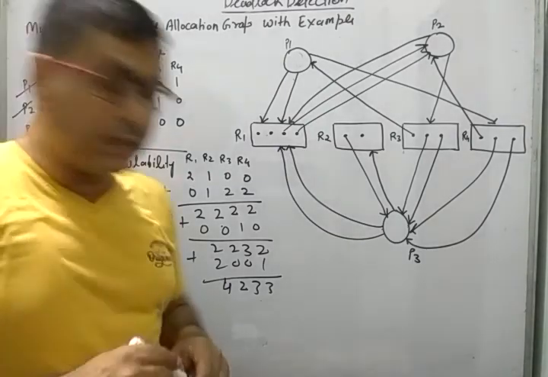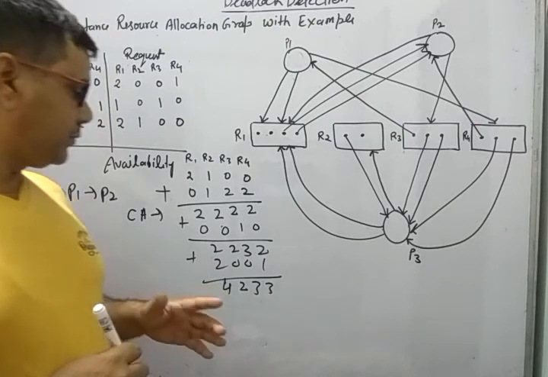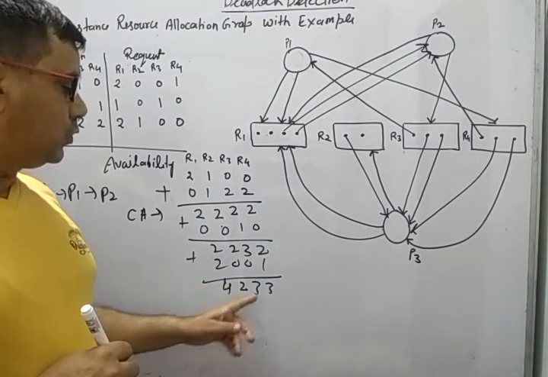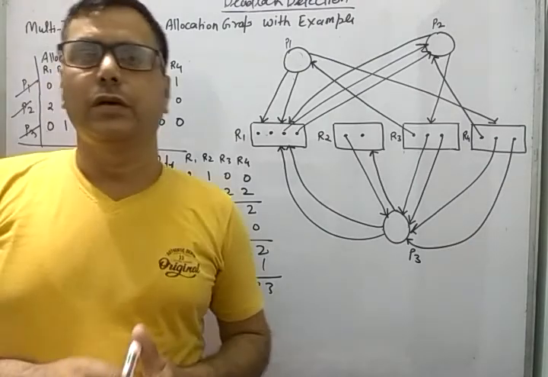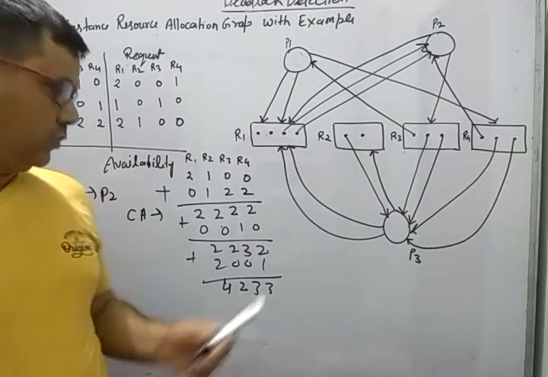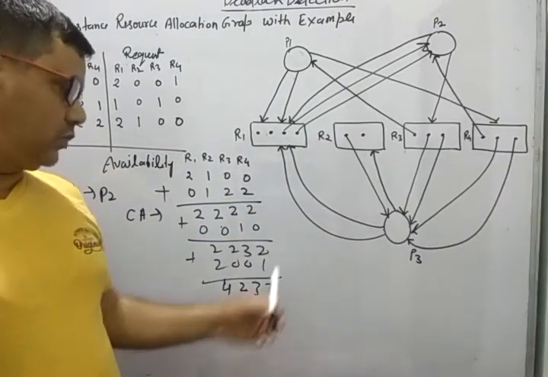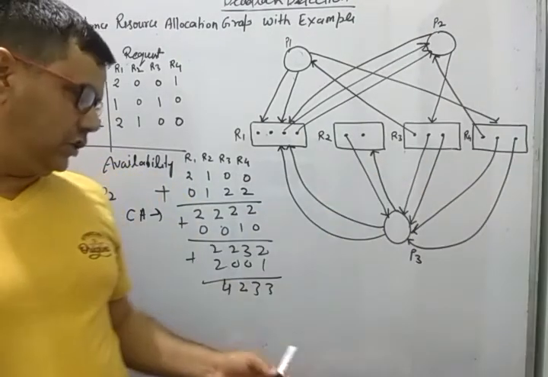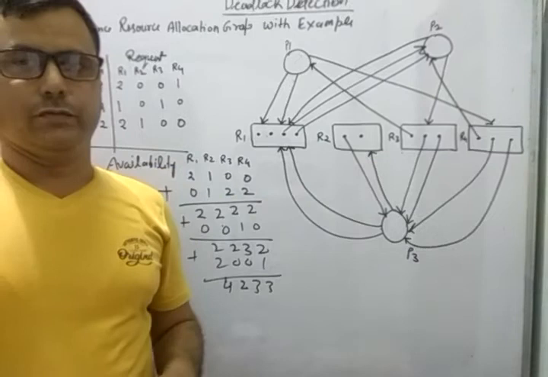Another thing we are getting here is 4233. Now these are the maximum instances of the resources. Look here, 4 instances of the resource R1, 2 instances of resource R2, 3 instances of resource R3 and 3 instances of the resource R4.